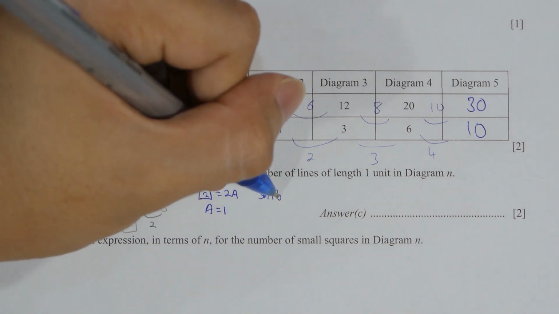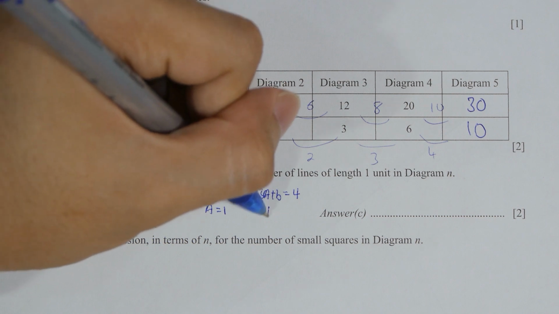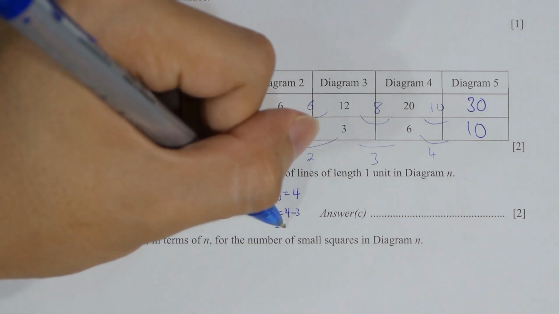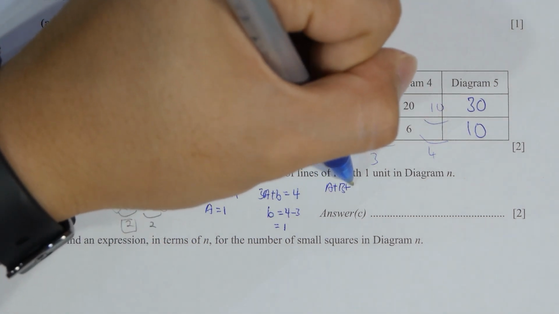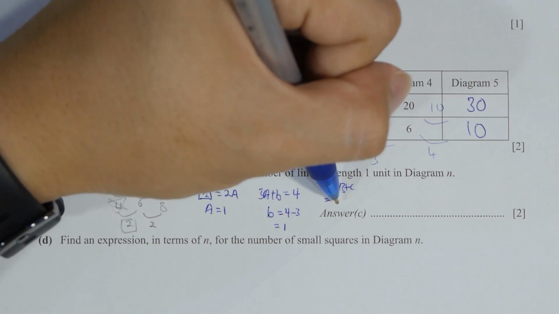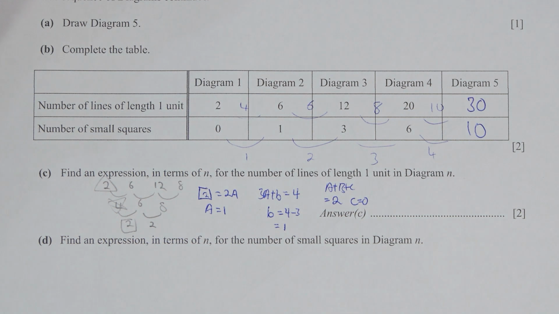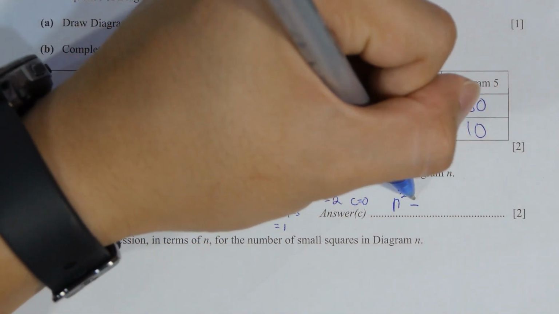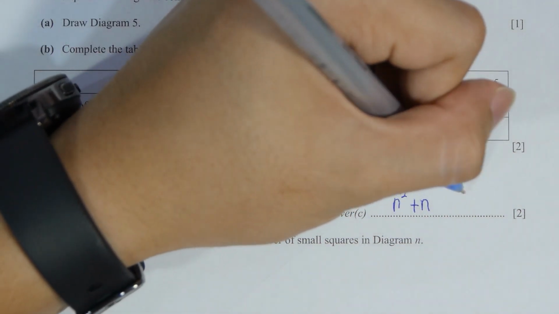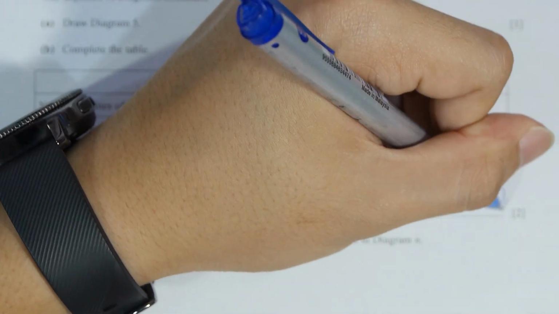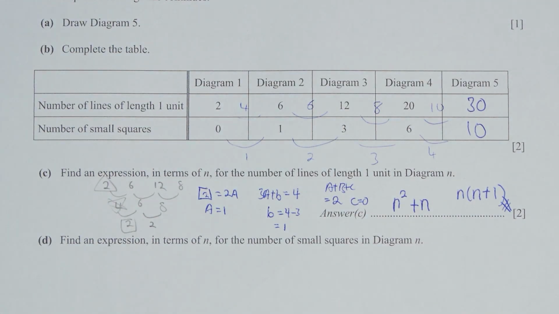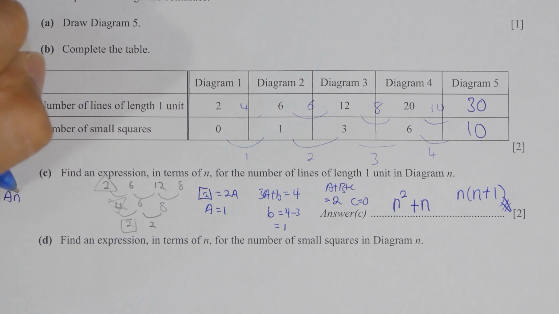Square equals 2a, star equals 3a plus b, and triangle equals a plus b plus c. So simply find a, b, and c's values and substitute back into the formula an squared plus bn plus c. Your final result will be n squared plus n. After simplification, it will be n(n plus 1).